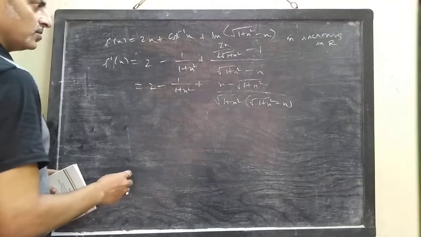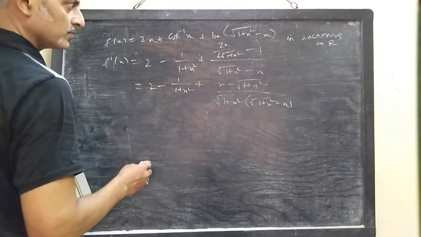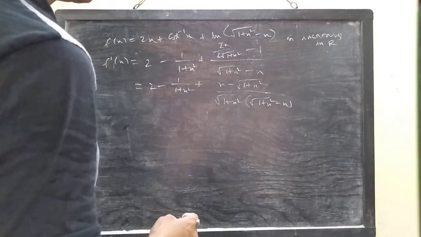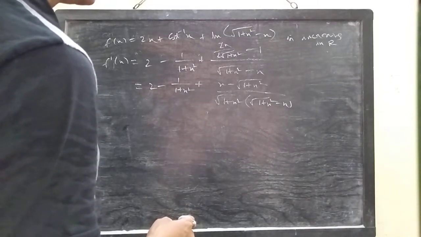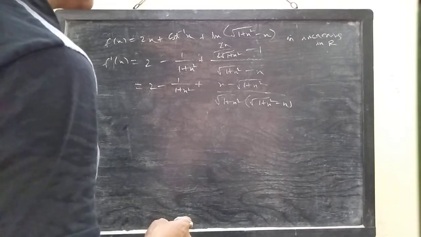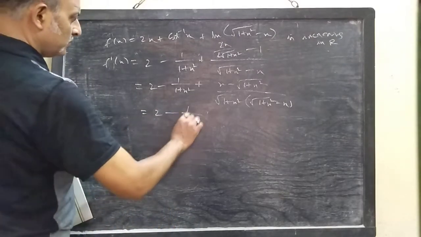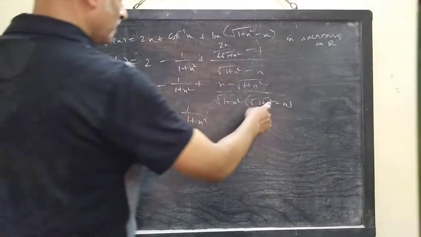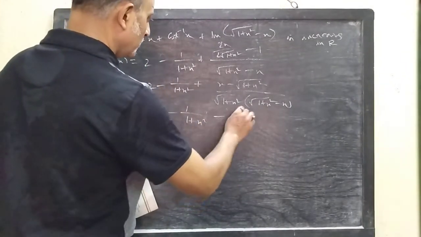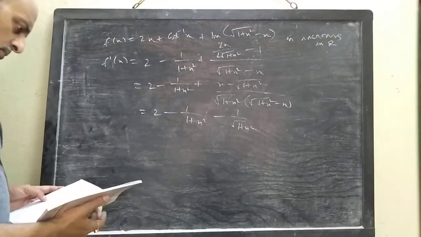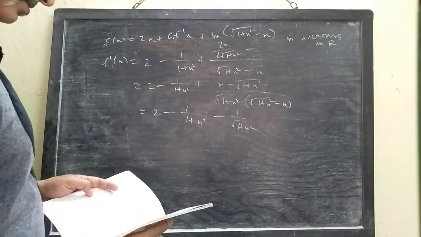Rationalize the numerator, you get this. 2 minus 1 by 1 plus x square minus common, so you get this: 2 minus this minus this.